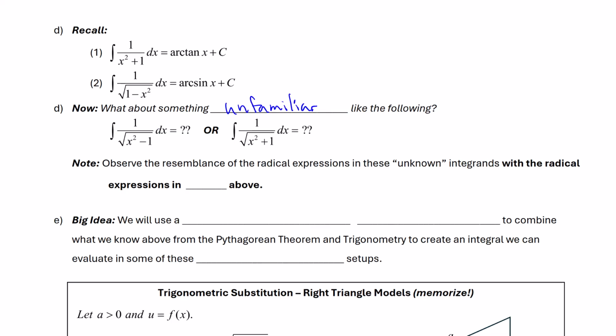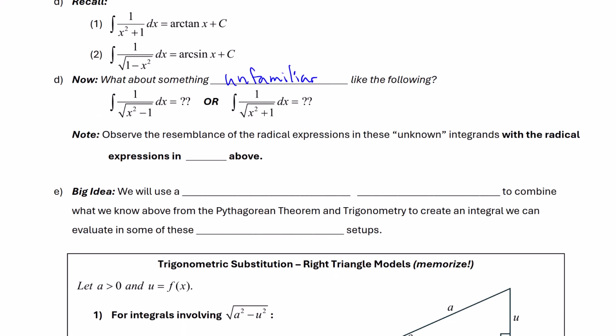We did recognize, hopefully, 1 over the square root of 1 minus x squared. But what happens if you switch the order of those terms? And now it's the square root of x squared minus 1 in the denominator. Do we have an integral for that we understand or recognize? Or, for example, what about changing what's under that radical to be x squared plus 1? Well, if you comb back through your calculus, you will find that we don't have anything known that matches those so nicely. And so our goal now is to find a way around that.